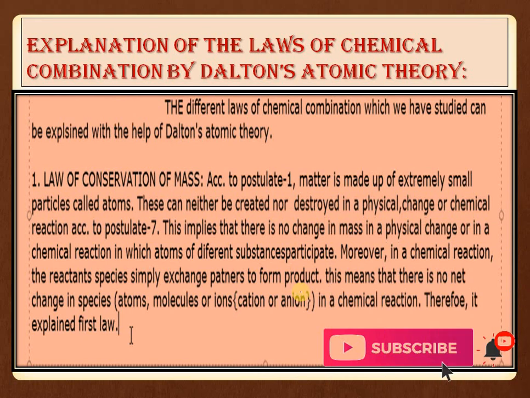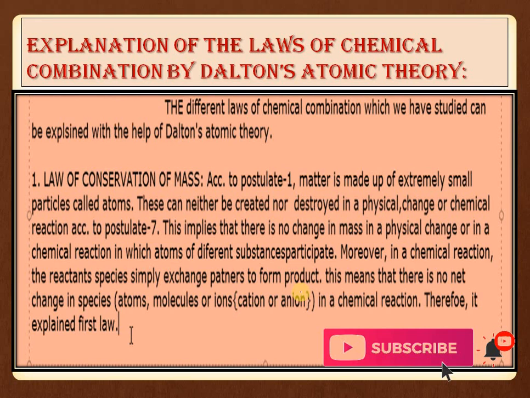So what is the explanation of the laws of chemical combination by Dalton's atomic theory? Dalton simply explained or verified the laws of chemical combination by comparing them with his postulates. The first law, conservation of mass: according to postulate 1, matter is made up of extremely small particles called atoms. These can neither be created nor be destroyed in a physical change or a chemical reaction, according to postulate 7.